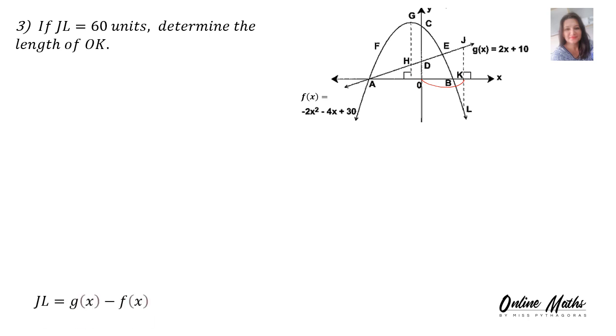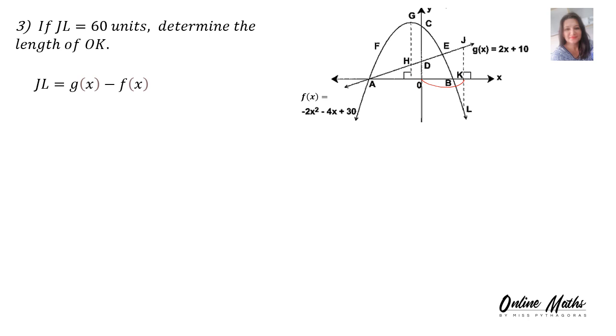Therefore, JL equals g(x), the straight line, minus f(x), the parabola. It's always the top graph minus the bottom graph.